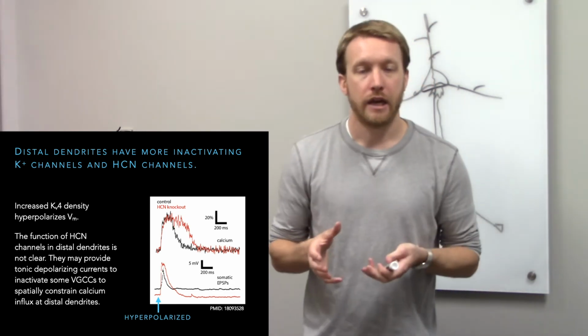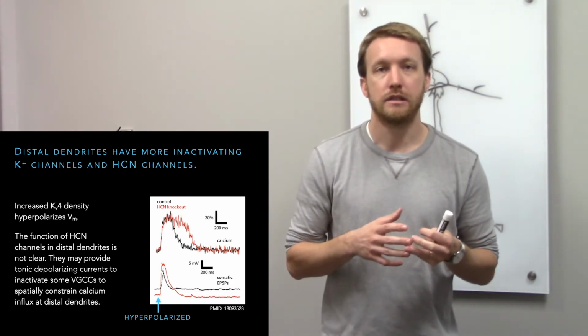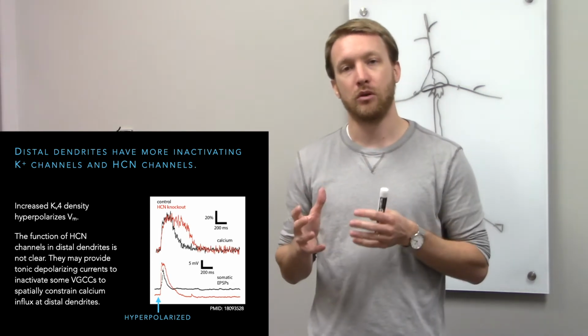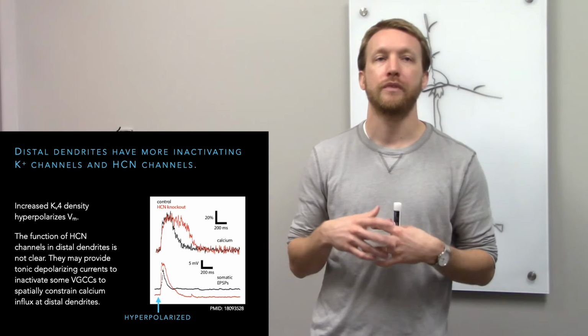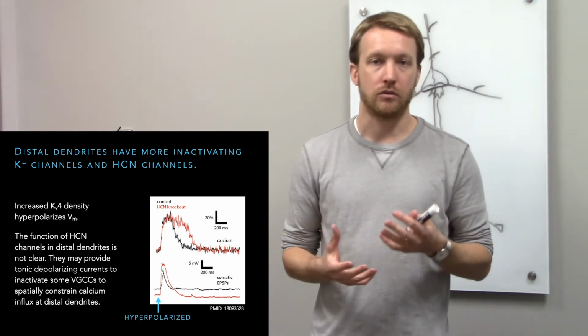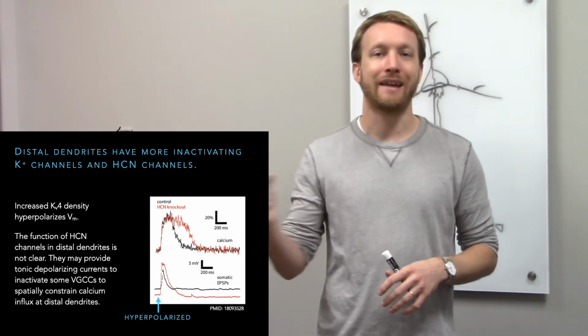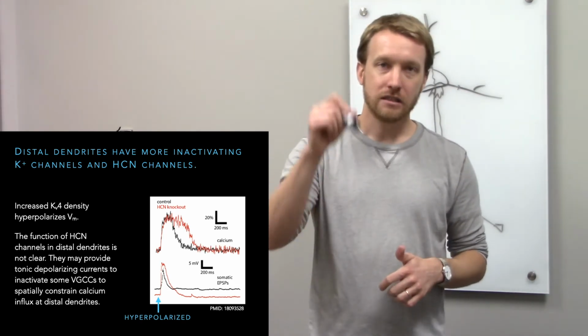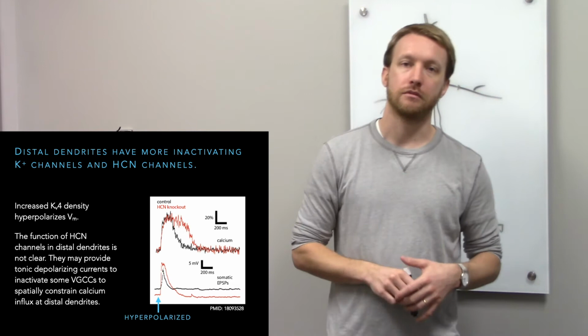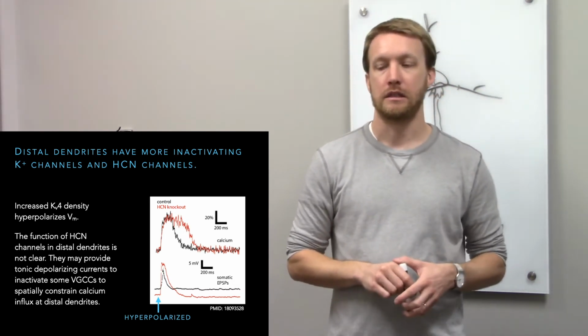The HCN channels, those are going to cause depolarization, but actually in doing so, they're going to inactivate or desensitize some of the voltage-gated calcium channels that are present, and they'll actually cause hyperpolarization, believe it or not.